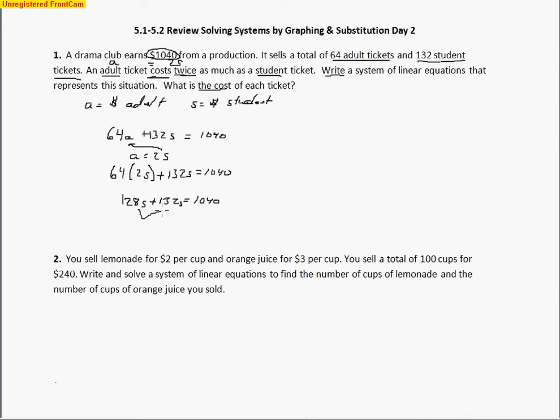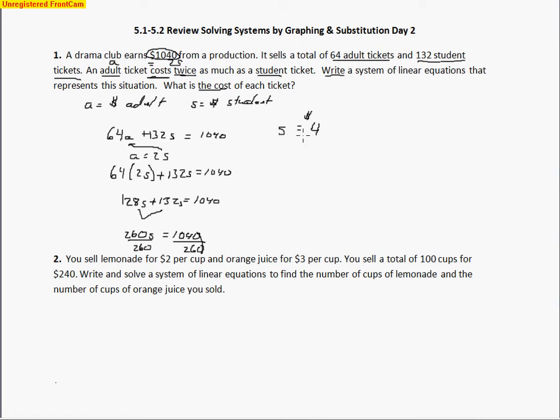Adding these two numbers together gives me 260S, and this all equals 1,040. I'll do that division, and I see right away the zeros cancel out. So really all I'm doing is 26 into 104. And so S is going to equal $4. So 4 times 26 makes that 104.